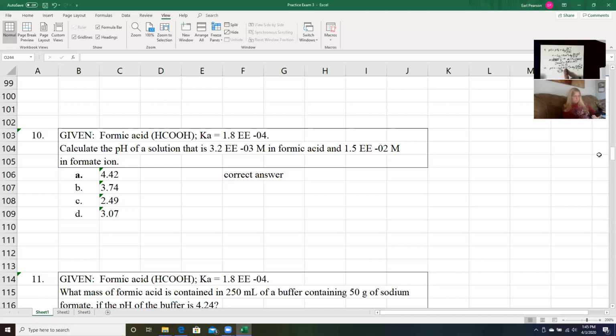Minus log 1.8 times 10 plus the log 1.5, 10 minus 2 divided by 3.2, 10 negative 3. Okay, I did push a button wrong a while ago. It's 4.42. Yeah, okay. I thought I proofread this thing enough that I didn't have mistakes on the practice test anymore.